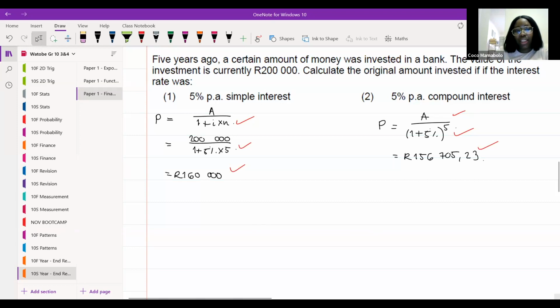Just pop your answer in the chat and let me see. I'll try and see where the things kind of come together, and then we'll have a look. That's the exact same answer, mostly. I don't know where the 203 comes from, but the rest of the answer is fine. It's correct. 156,705. That's the answer we get.